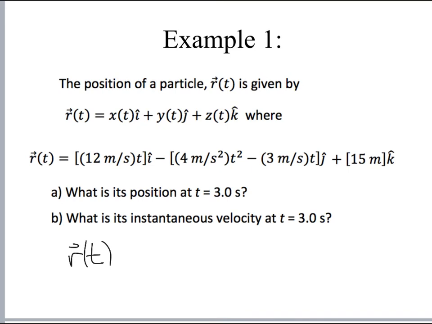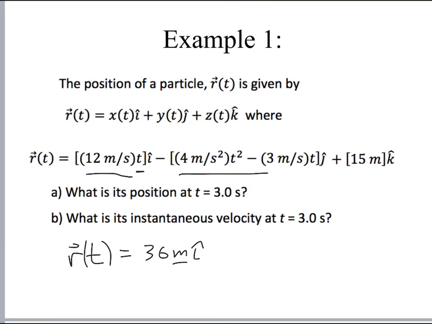which is going to have an x component given by 12 meters per second times 3 seconds, so that's 36 meters in the I hat direction. The meters over seconds multiplies with seconds, and the seconds cancel, leaving you just meters as your units.